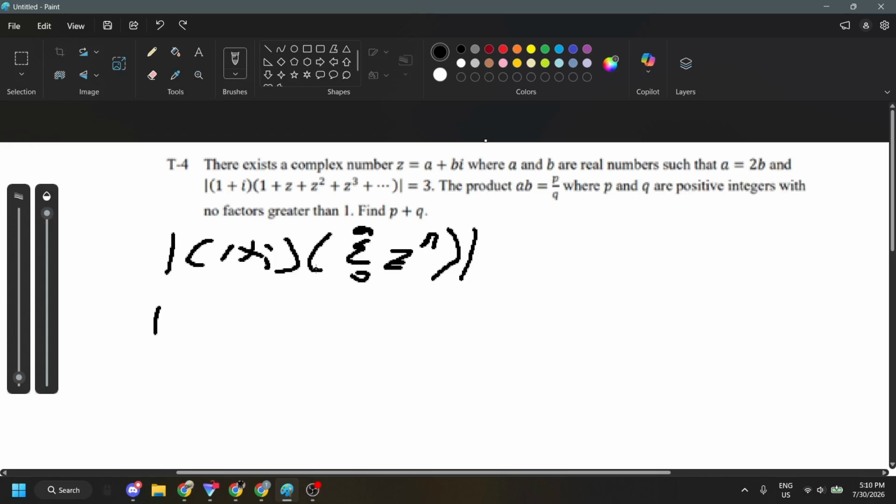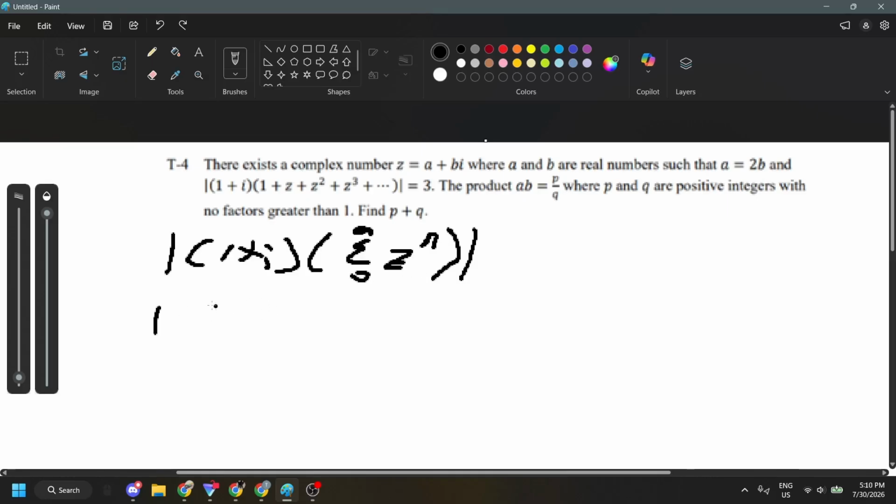It's not like it's going to cancel out or anything. So maybe let's recognize, oh, this is a geometric series, so this has a growth factor of z.